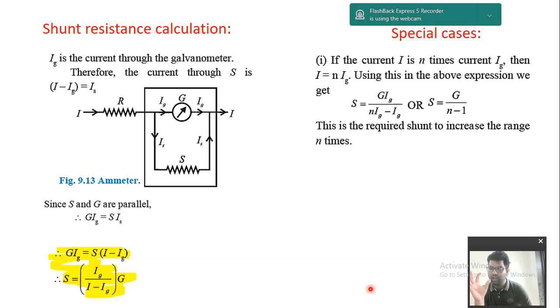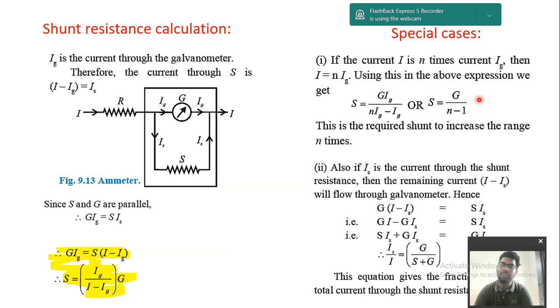You see, you have a galvanometer of 2 milliampere, you want to measure a current of 20 milliampere, so it is N times. How many times? 10 times. So you will give him the shunt resistance by calculating the resistance of the galvanometer upon N minus 1, that is, upon 10 minus 1. So this is how the numerical or the practical application is done.